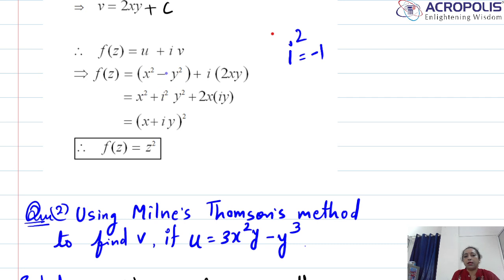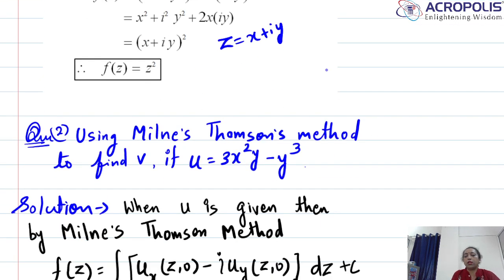So I am writing minus y square as plus i square y square, plus 2ixy. You can see this is the formula of a plus b whole square: a square plus b square plus 2ab. So we can write it as x plus iy whole square, and you know that z is equal to x plus iy. So the function of z is z square. So here is the result.